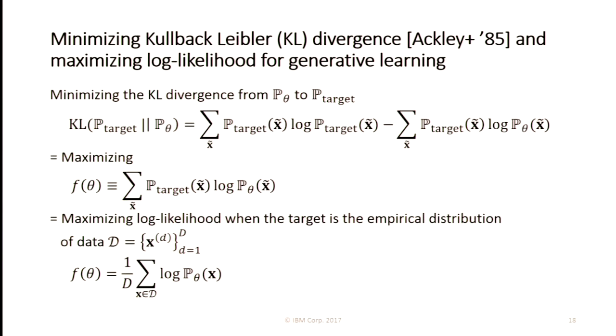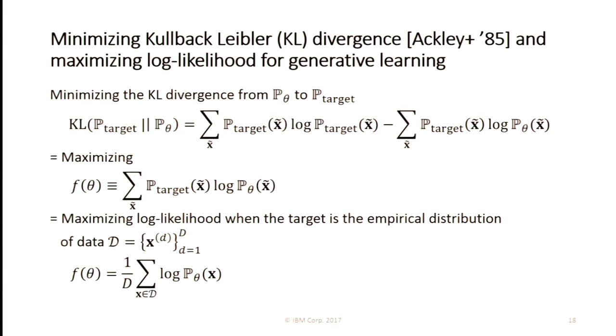Let's say that the data D is samples from some unknown target distribution, and let this target distribution be an empirical distribution given by the data. Then this f theta becomes an expression like this. This is to maximize the log likelihood of the data. So minimizing KL divergence is equal to maximizing the log likelihood.